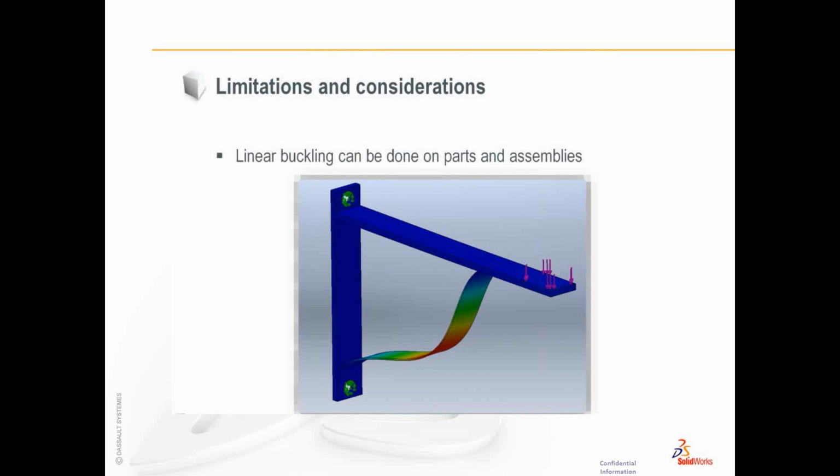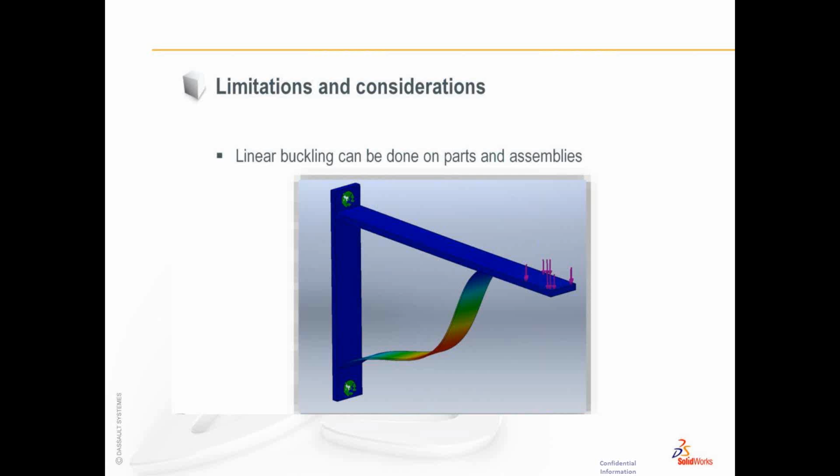So in the case of a linear static or a linear buckling analysis, we can't have things like bolt connectors or no penetration contacts. We can't have large deformations. If something is undergoing a lot of deformation before buckling occurs, that really discounts the accuracy of a linear buckling study.